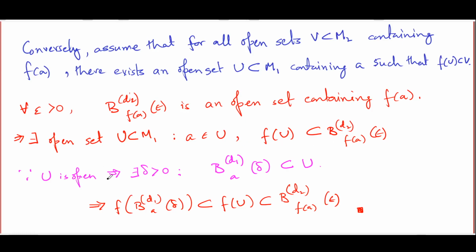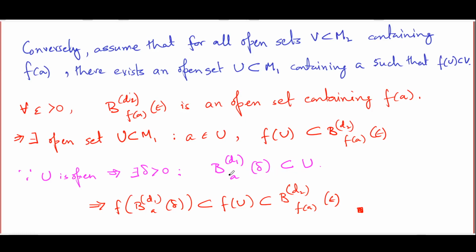Now because U is open, every point in U, in particular the point A, has to be an interior point. Therefore there must exist a positive delta such that a ball of radius delta centered around A must be contained within U. This ball of course has to be a ball according to the metric D1.